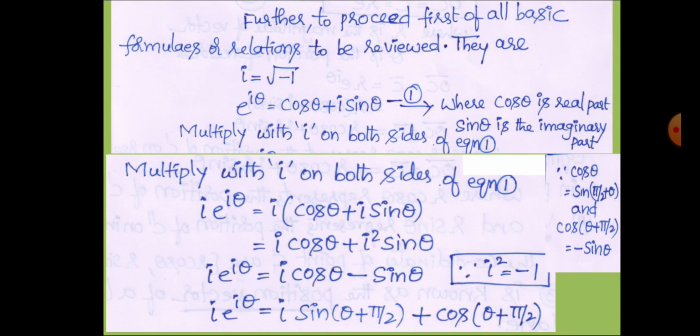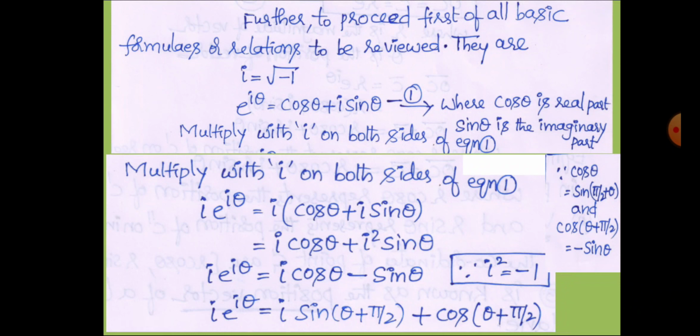Now what I do is multiply equation 1 on both sides with i. Then the left hand side will become i into e power i theta, which is equal to the right hand side, i into bracket cos theta plus i sin theta.